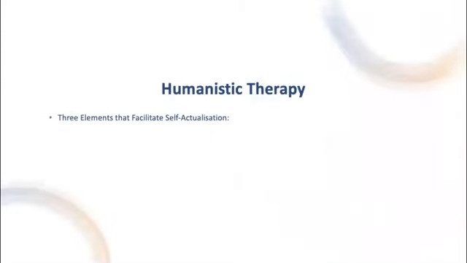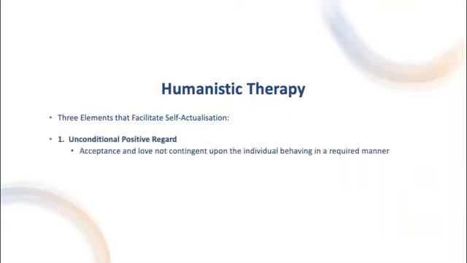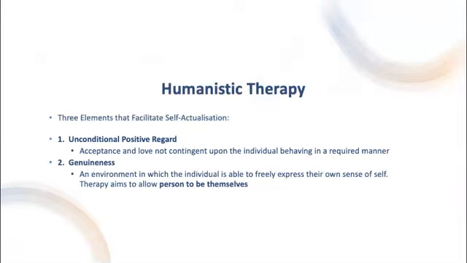There are three elements that facilitate self actualization. So, first is what we just mentioned, unconditional positive regard. So, the patient is given acceptance regardless of how they behave or what they say. The second element is genuineness.